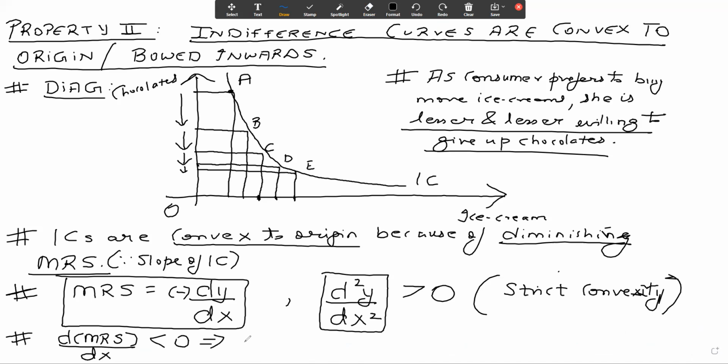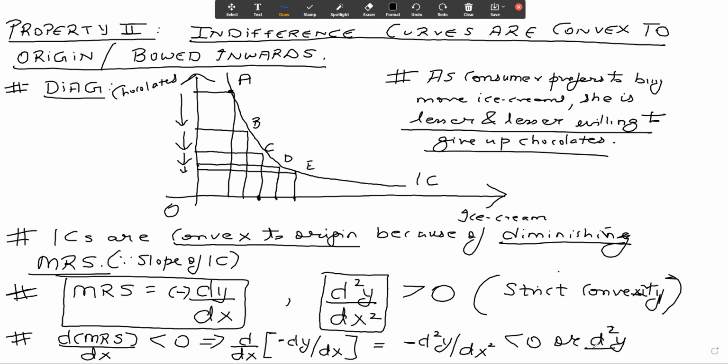So d by dx of MRS, which is minus dy by dx, is nothing but minus d square y by dx square. This is less than 0, or I can say that d square y by dx square is greater than 0.